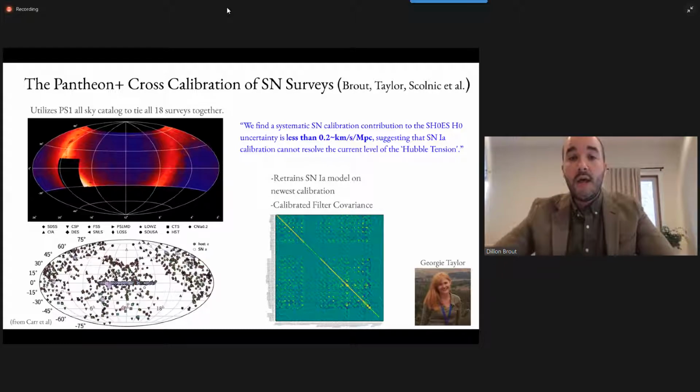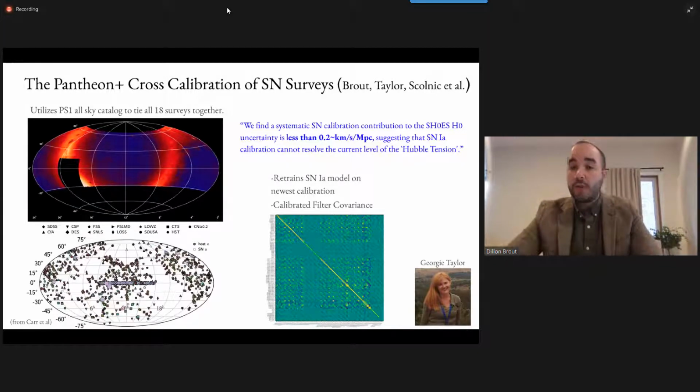So speaking of calibration, we've undertaken a large effort to cross-calibrate all of the 18 different surveys in our analysis, and we do this using the Pan-STARRS all-sky stellar catalog, which we use because it covers 4 pi of the sky, and it overlaps with all of the surveys that we are analyzing.